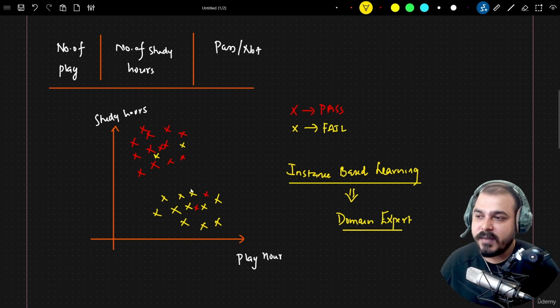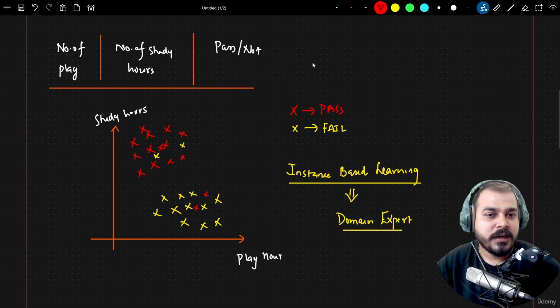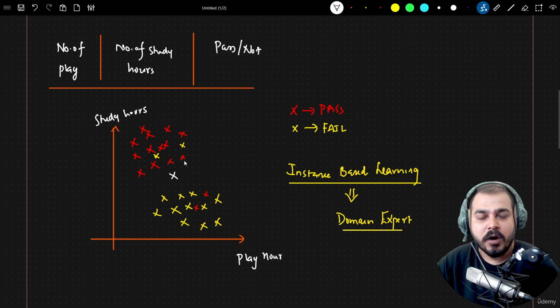Just imagine that a new query point comes, let's say somewhere here. What happens in instance-based learning? The model knows the training data. It is not going to understand the pattern within this data. It is just going to see the surrounding data around it and how that surrounding is behaving.